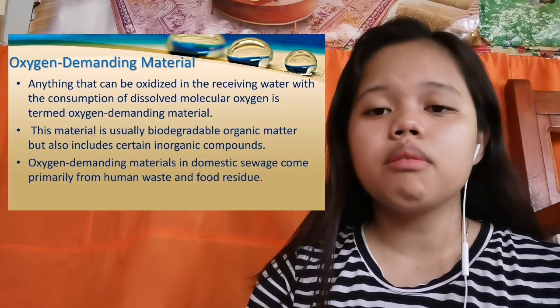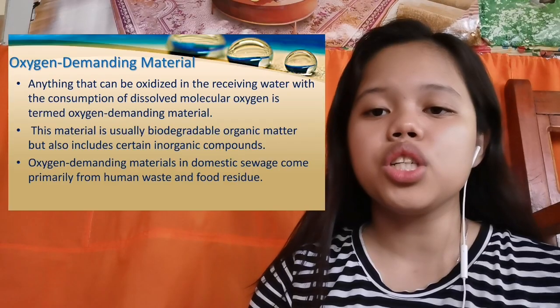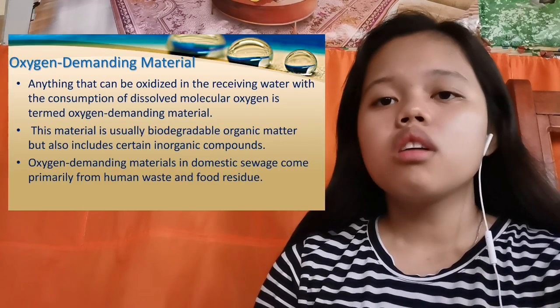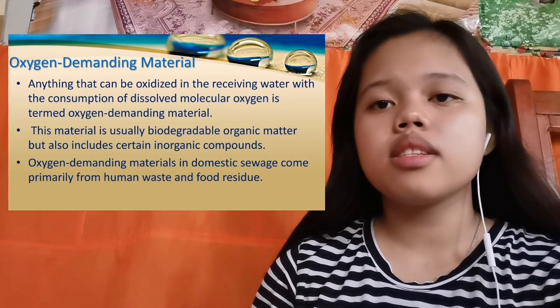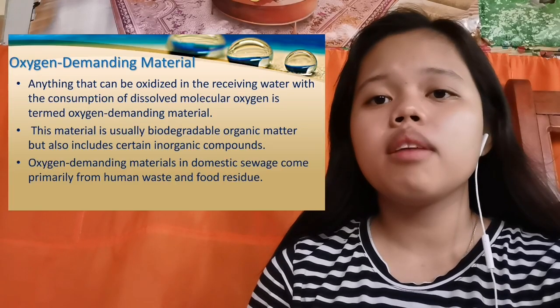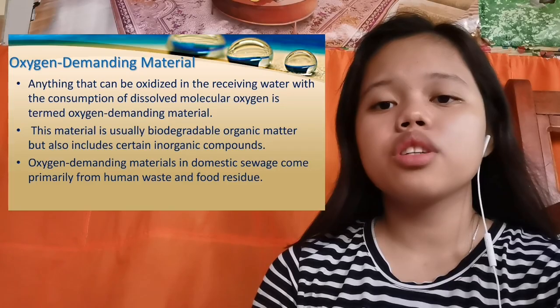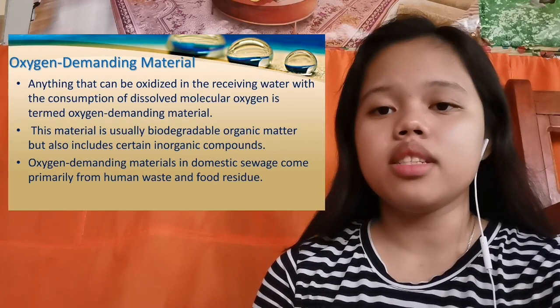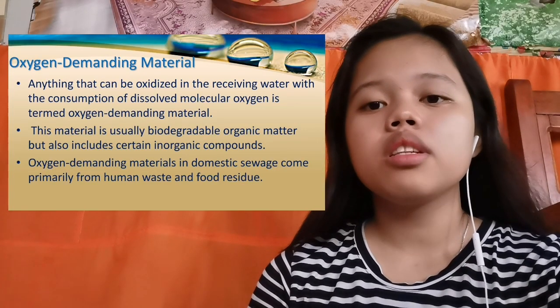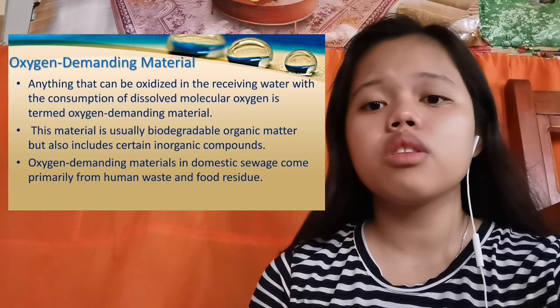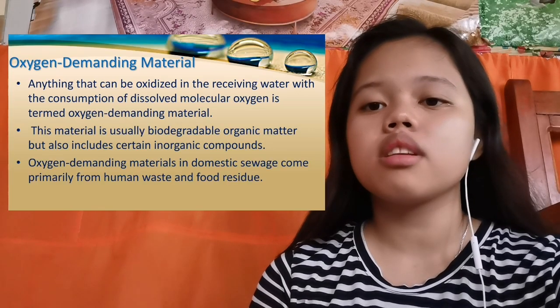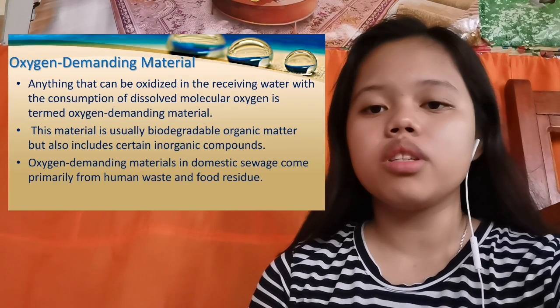The critical level of DO varies greatly among species. Oxygen-demanding materials in domestic sewage come primarily from human waste and food residue. Almost any naturally occurring organic matter such as animal droppings, crop residues, or leaves that get into the water from non-point sources contribute to the depletion of dissolved oxygen.